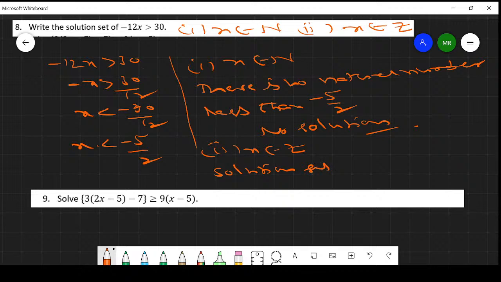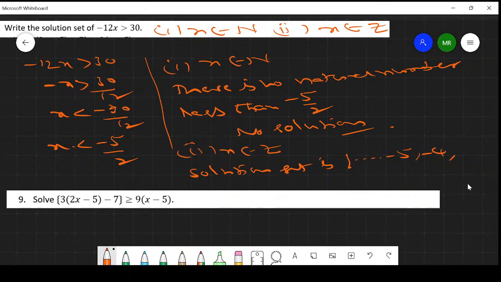I can write the values: minus 5, minus 4, minus 3 and so on, because integers left of minus 2.5 give minus 5, minus 4, minus 3 and so on. This is the solution set.